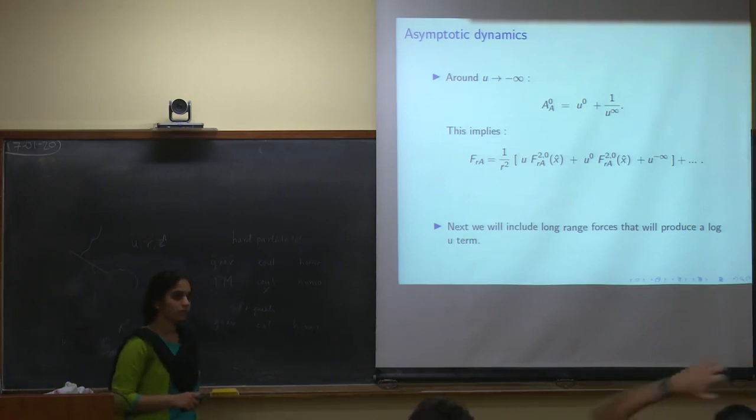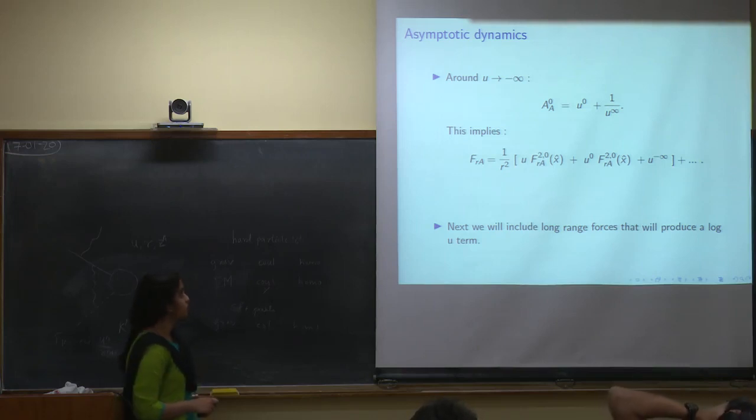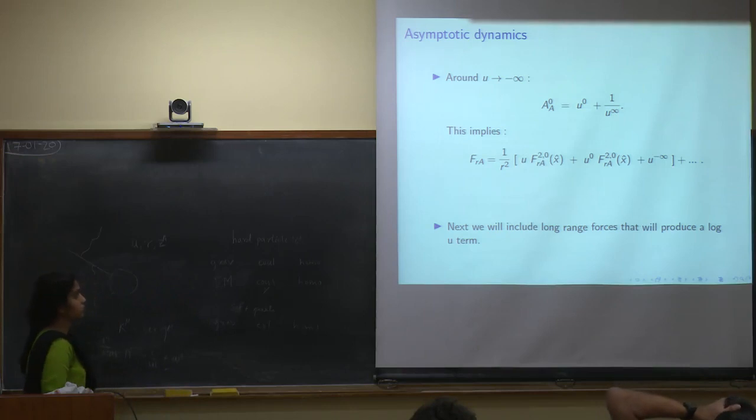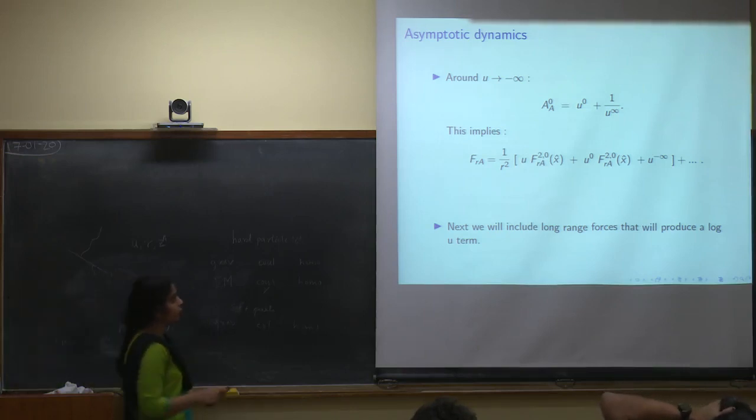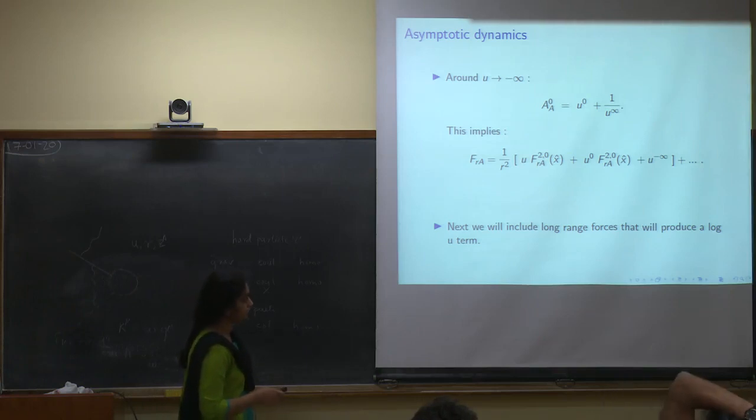Can I think of this like the Coulombic? What is this F_rA? Physically, is it like a Coulomb force or is it a radiation field? So right now we are considering Coulomb. It's a radiation.